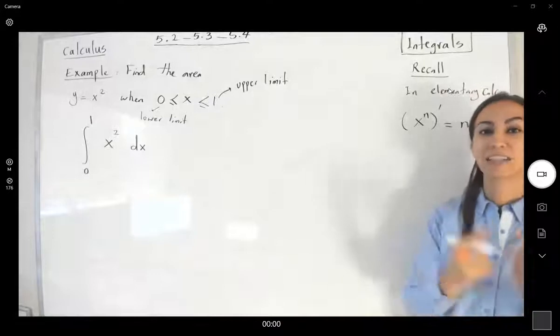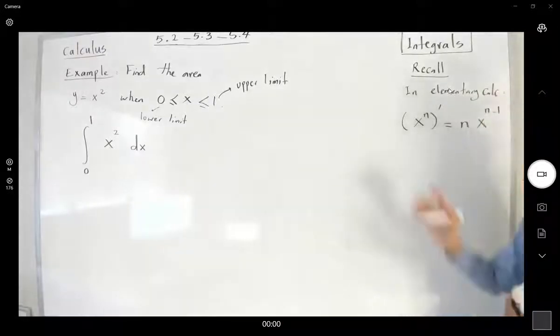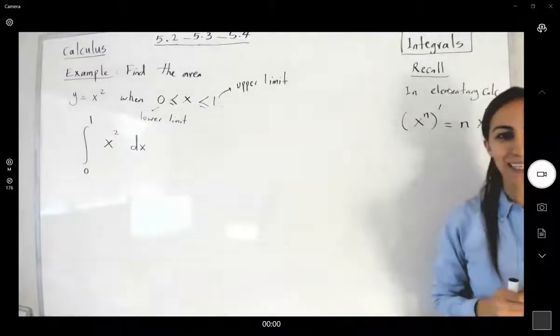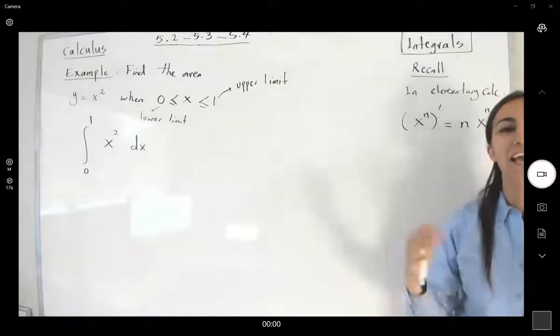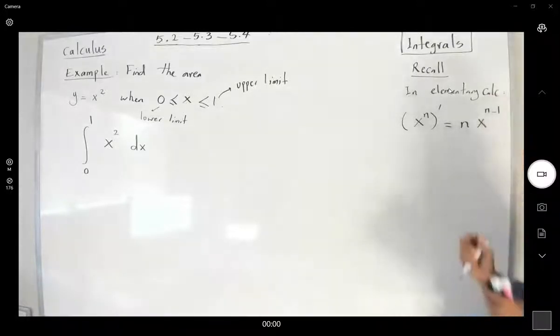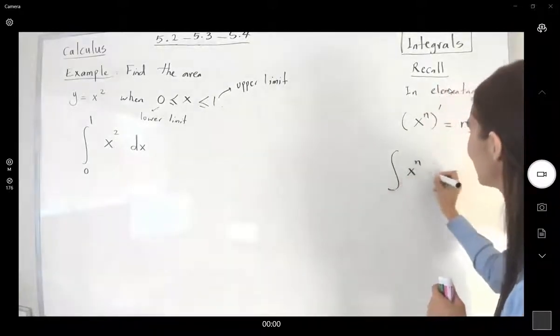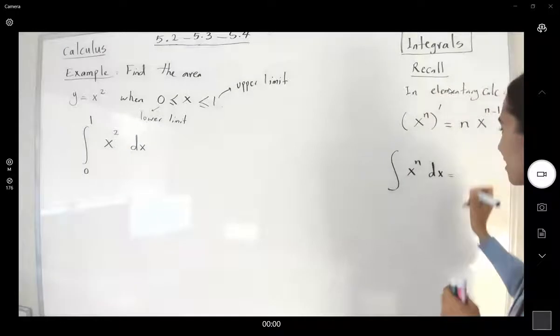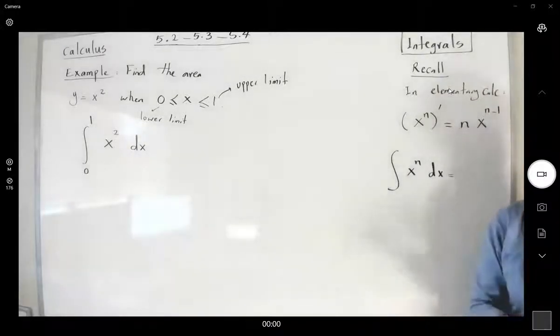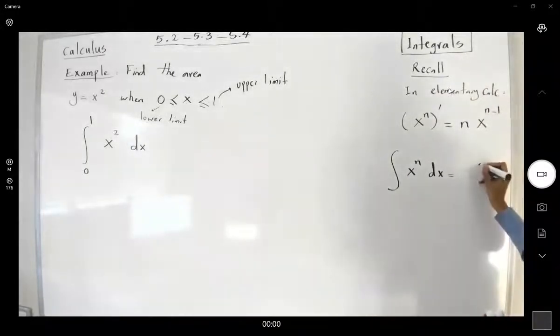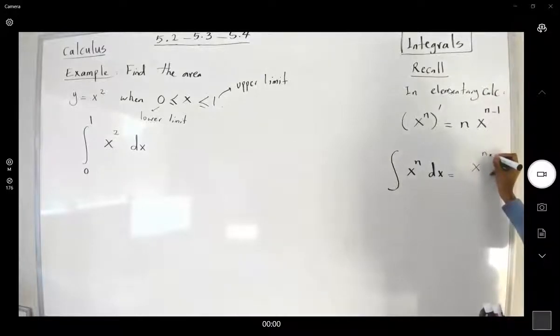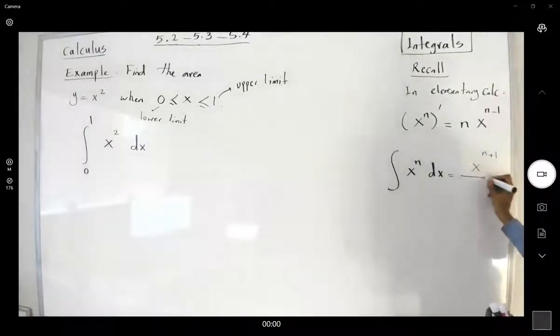Now, the antiderivative, this is the derivative of x to the n. Now we're going to talk about the antiderivative of x to the n. The antiderivative of x to the n dx, let's come up with the opposite operation. It's going to be x raised to n plus 1 divided by n plus 1.